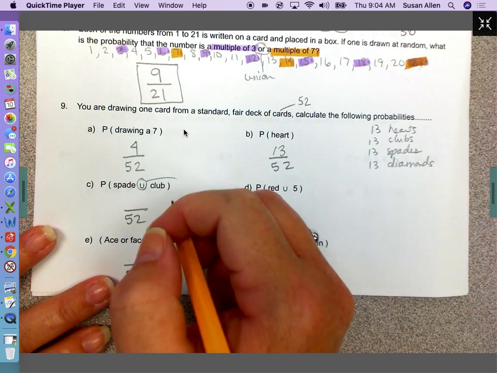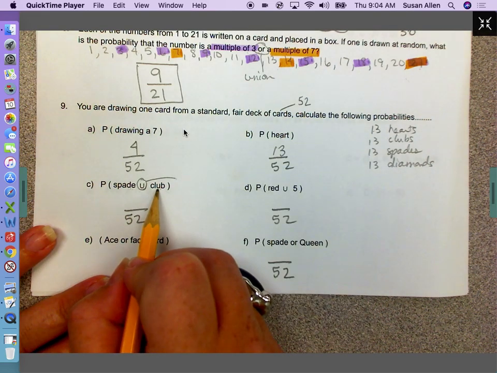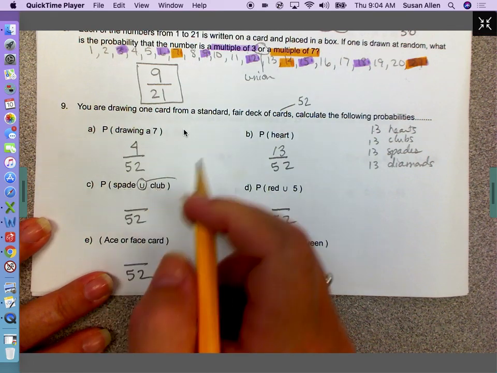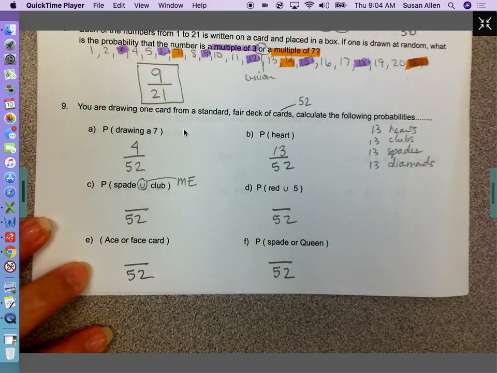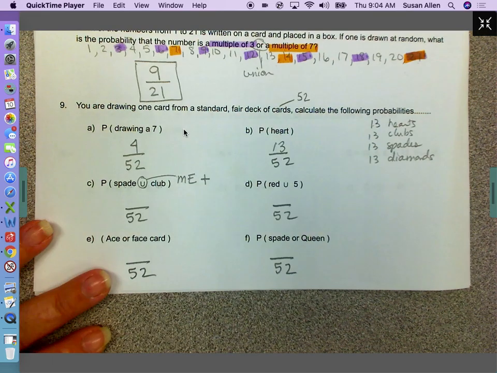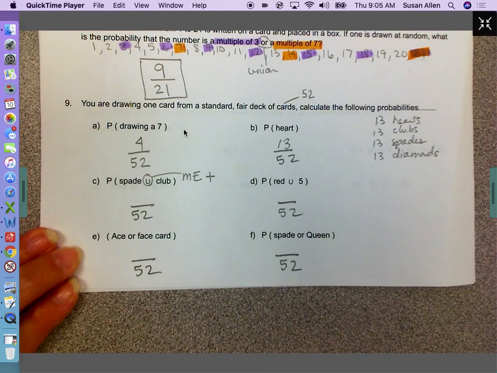Mutually exclusive means they cannot be that same card at the same time. So you need to ask yourself, can a card be both a spade and a club at the same time? No. Therefore, this is mutually exclusive. I need you to remember that when events are mutually exclusive, you add. If it is mutually inclusive, you will add, then subtract.